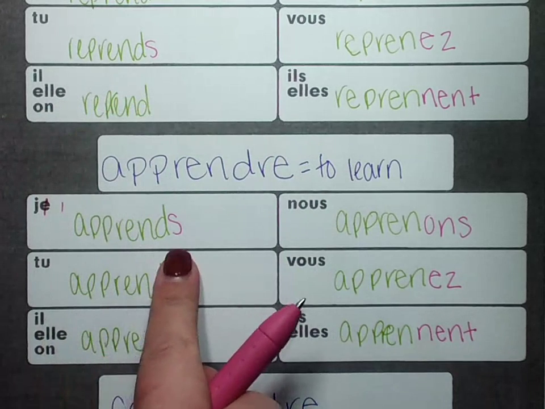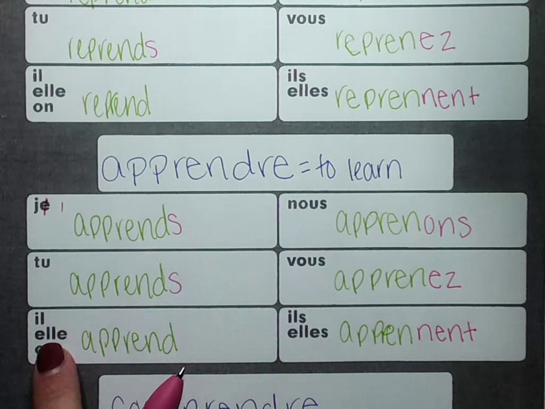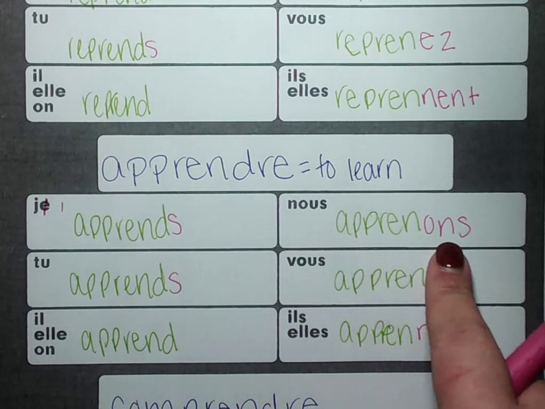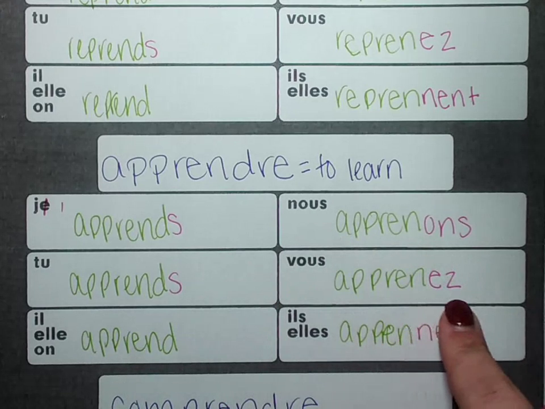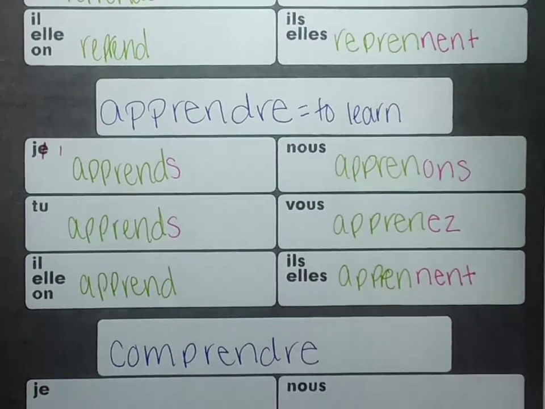So j'apprends, tu apprends, il, elle, on apprend, nous apprenons, vous apprenez, and ils, elles apprennent. So now, when you watch Madame's videos, you can say, oh, j'apprends le français. I'm learning French. I know you guys love it so much.